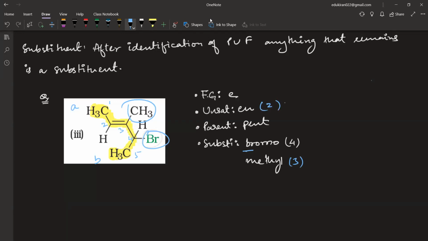So now bromo and methyl. Alphabetically, bromo comes first. So we will write 4-bromo-3-methylpent-2-ene. Krishna, you probably didn't write this. What was your mistake?